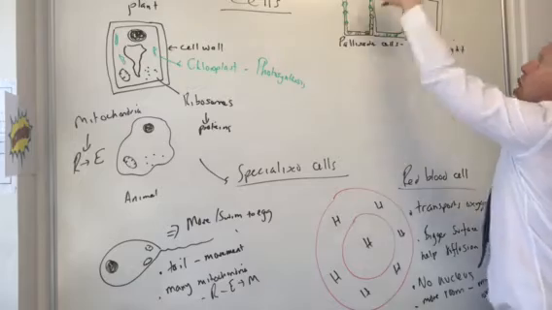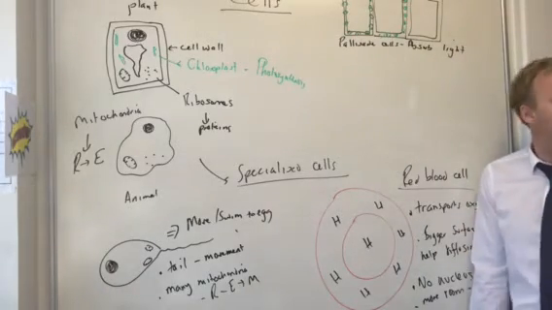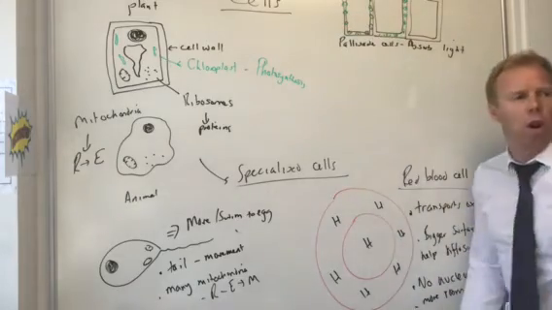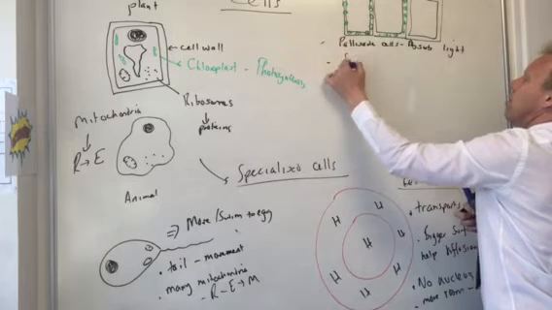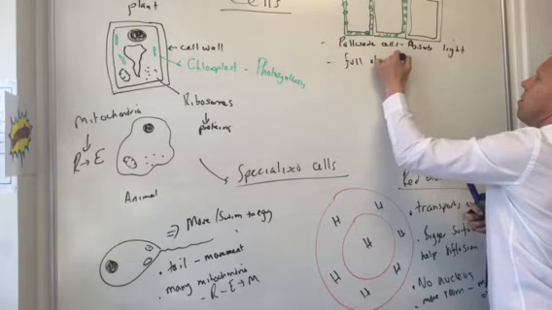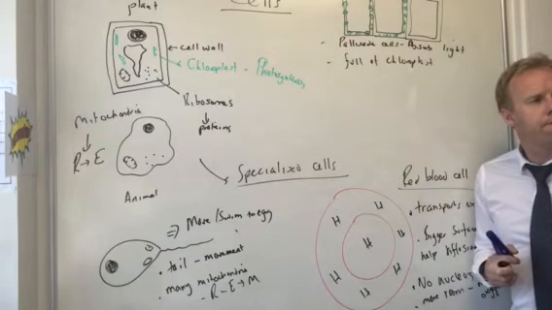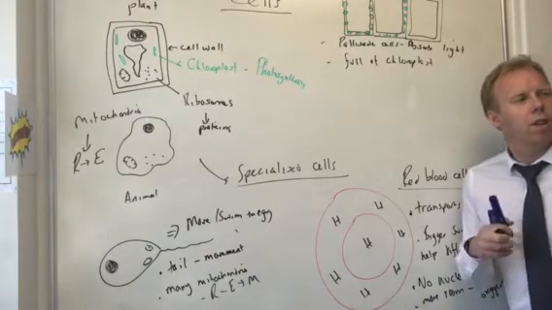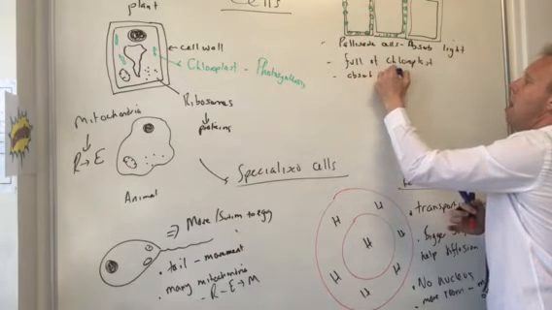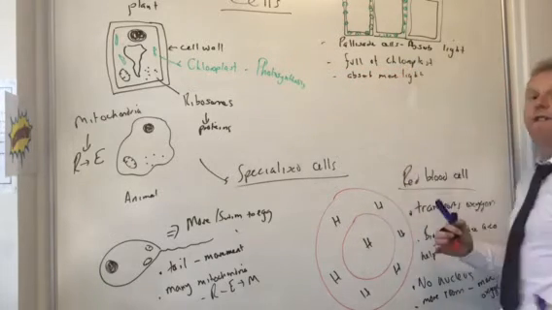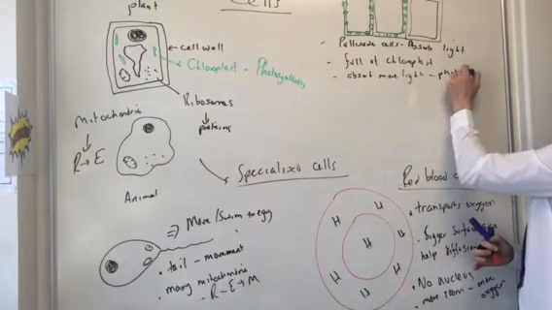They are at the top of the leaf to help to absorb more light, but the main concept is they are chock full of chloroplast. To do what? To absorb more light for photosynthesis.